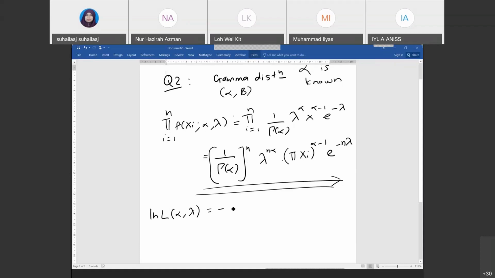So dia akan jadi negatif n ln gamma alpha. Okay, plus dengan n alpha ln lambda. Ini nombor 2. So plus alpha minus 1 ln produk xi. Okay, last. Okay, ln exponential negative lambda sigma xi. Just tinggal negatif lambda sigma xi. So that is your ln.